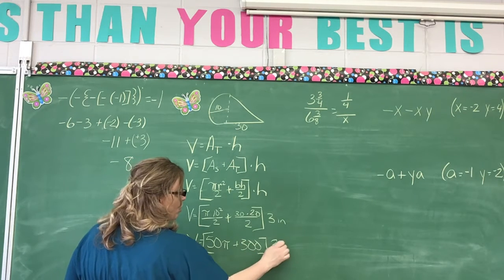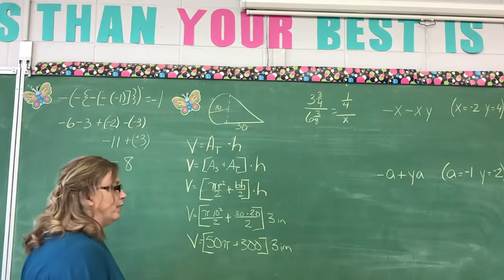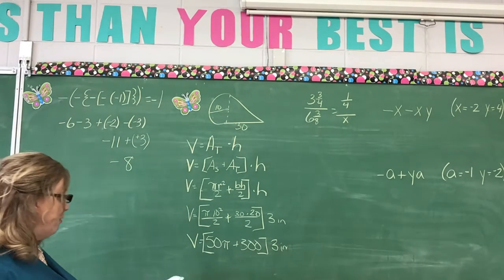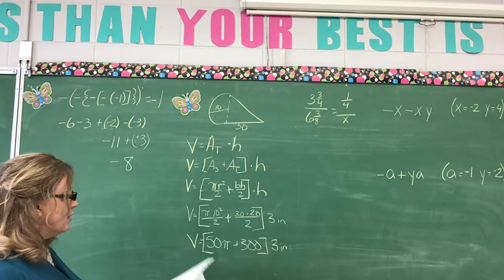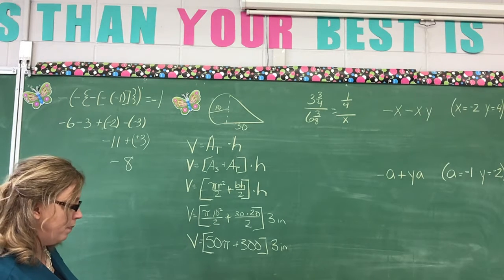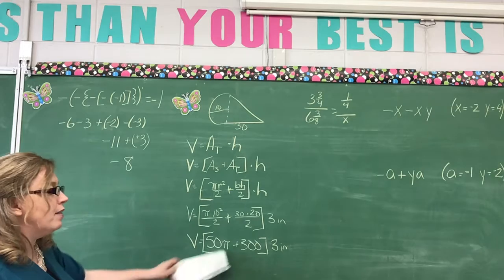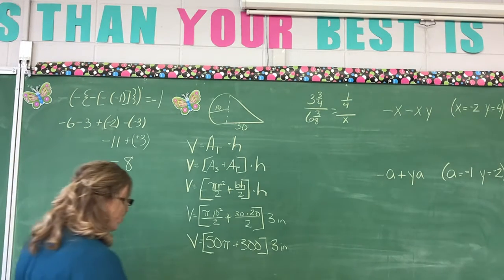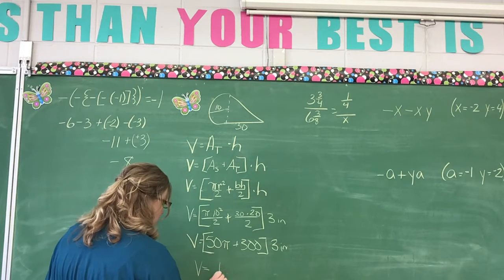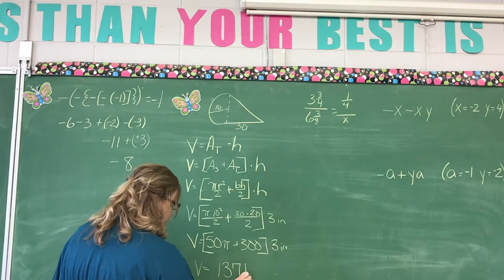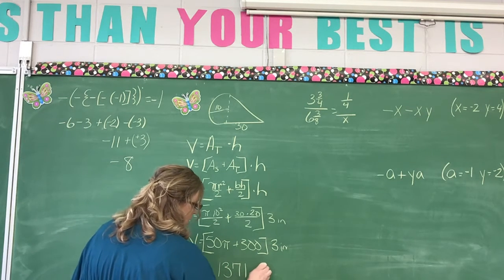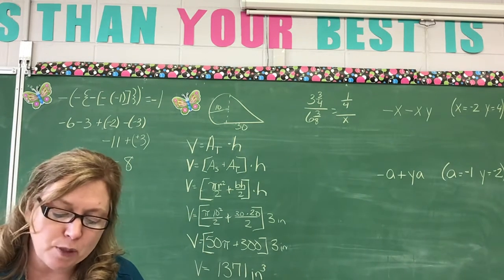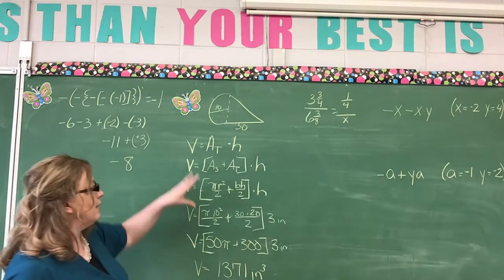When we're all done, we're going to multiply that by 3 inches. So now we have 50 pi plus 300. And then we're going to take that, multiply it by 3. So our volume is going to be 1,371 cubic inches.